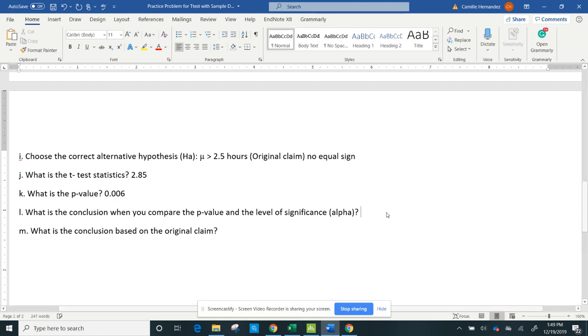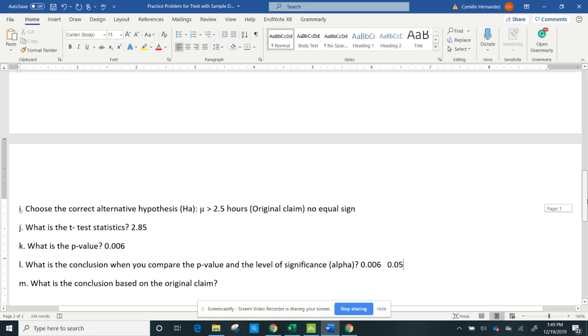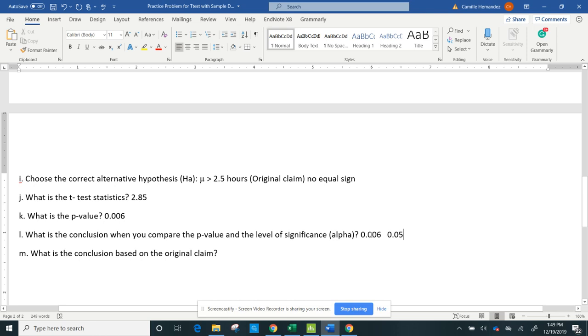So I need to compare my p-value, 0.006, to my level of significance. And again, I have it right here. Okay, but this can also be confusing. So look, I have 3 decimal places here, and I only have 2 here. If it confuses you, just add a 0 to give it equal decimal places. So now it's almost easier to compare because I have 6 versus 50.